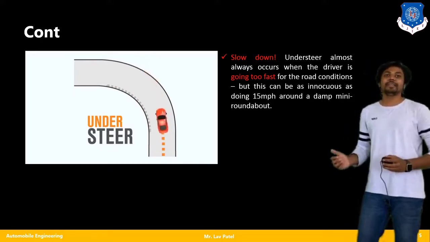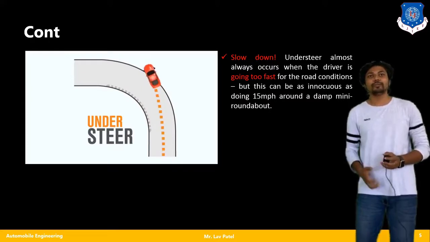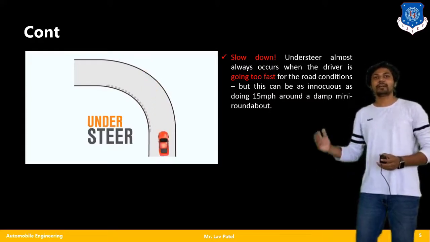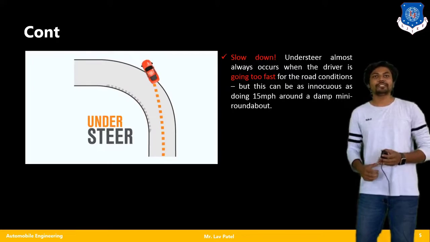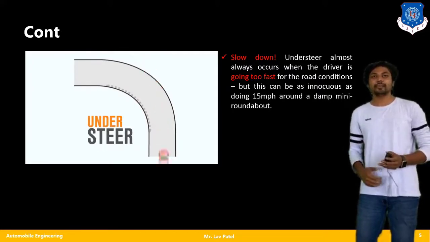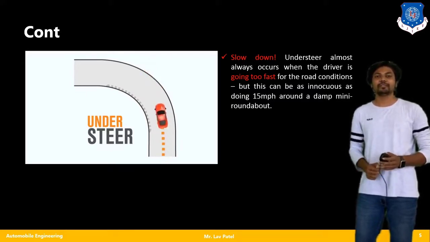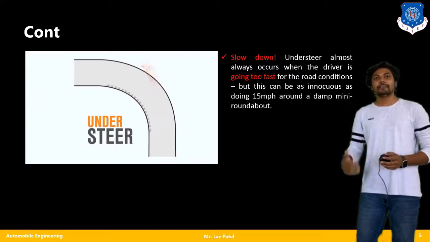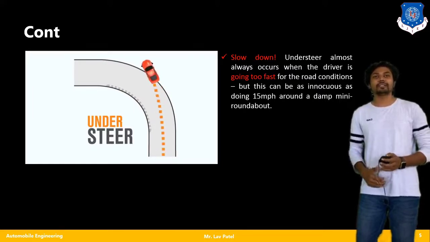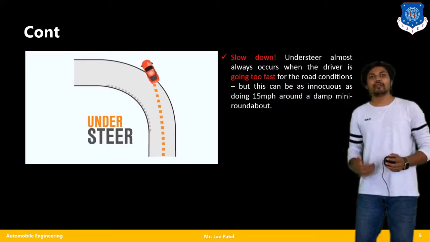So from this point we can say that if the driver is going too fast at that particular cornering speed, the front tire is going to slip over that area, and due to this condition my vehicle is going to understeer, based on the different road conditions and driving maneuvers. So the primary aim is to slow down my vehicle.